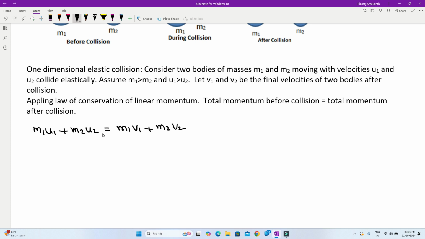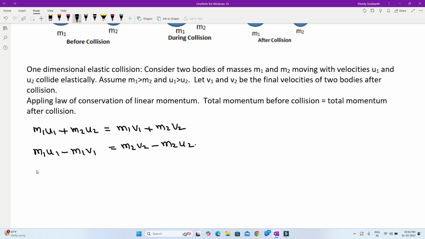This is the initial momentum of the bodies, this is the final momentum of the bodies. Now we simplify this further: m1 u1, write this m1 on this side, minus m1 v1 is equal to m2 v2 minus m2 u2.